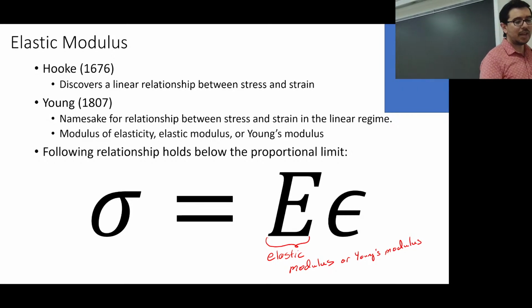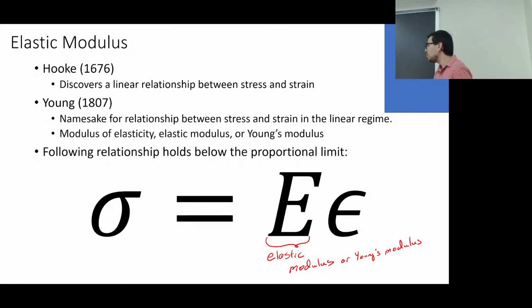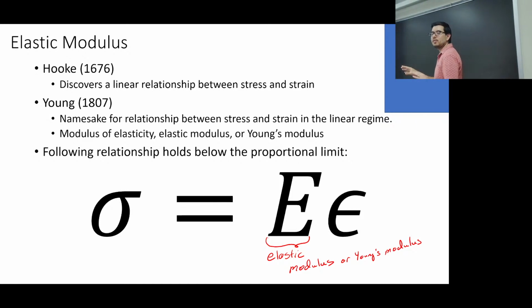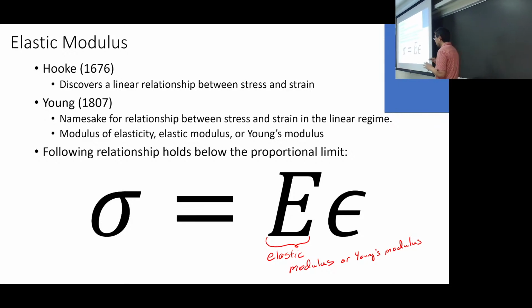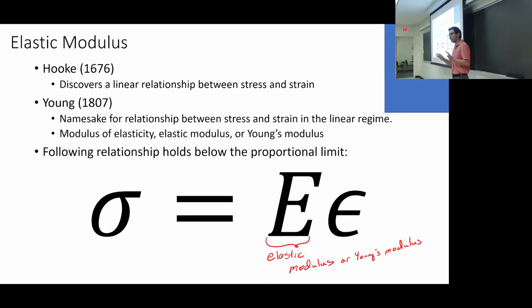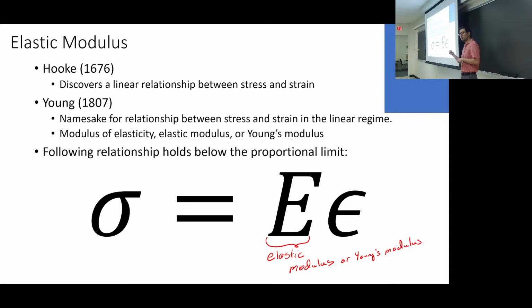And sometimes we think, oh, this is the bomb. This is all there is. If I have material, sigma equals E epsilon. No, not true. But for a normally loaded, axially loaded system, this is true.